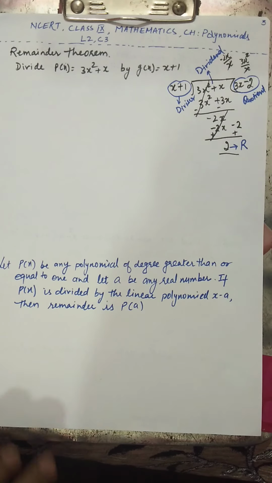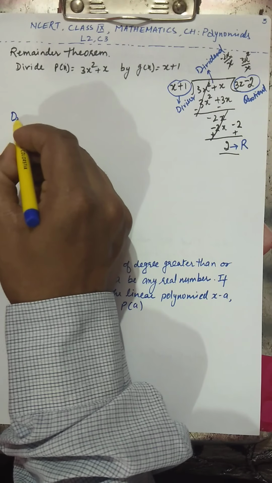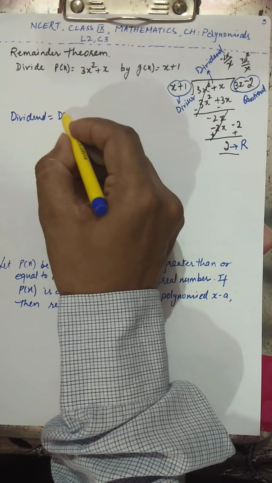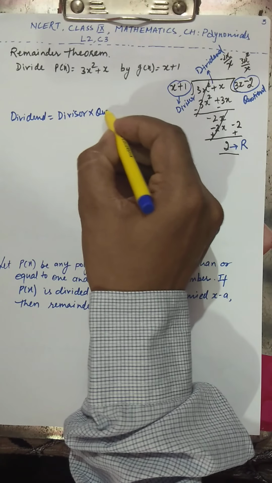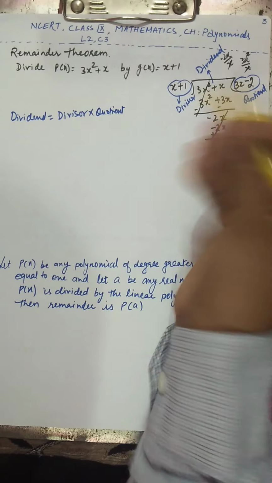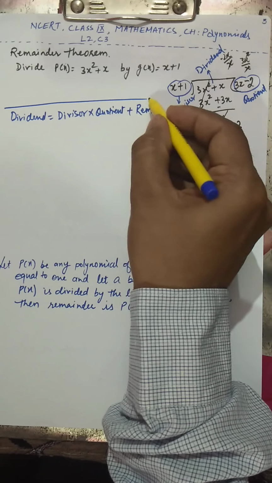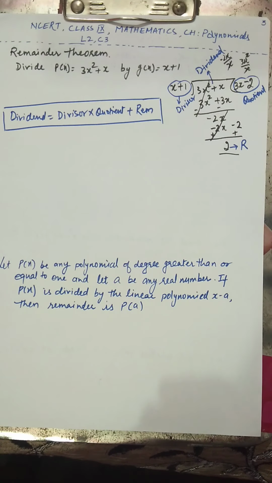So we know a very important thing: dividend is equal to divisor into quotient plus remainder. This is a very important result that you have done so many times in class 8.